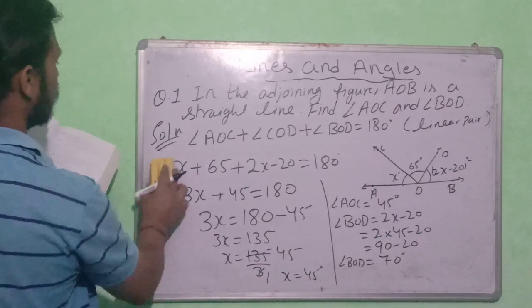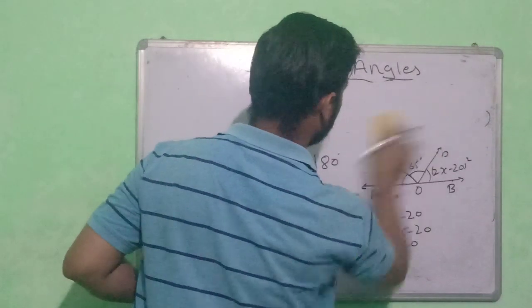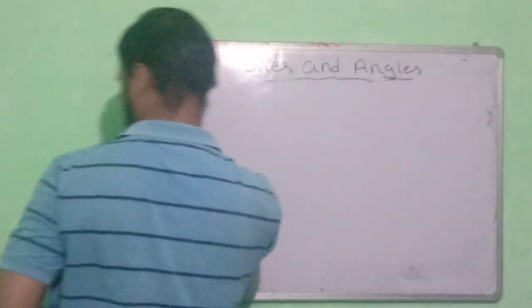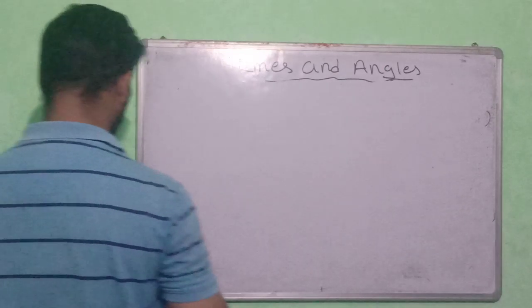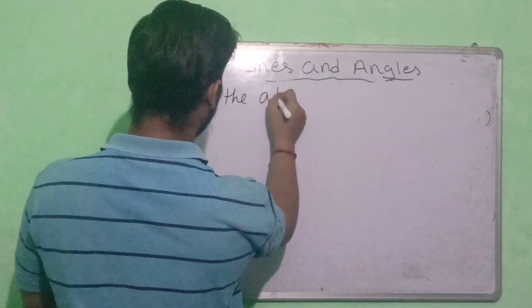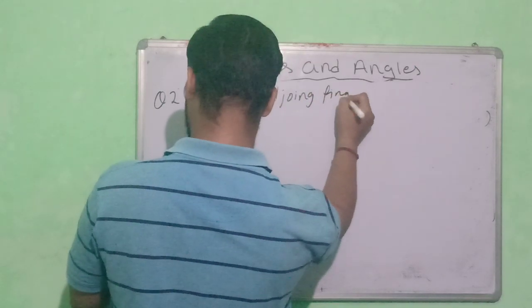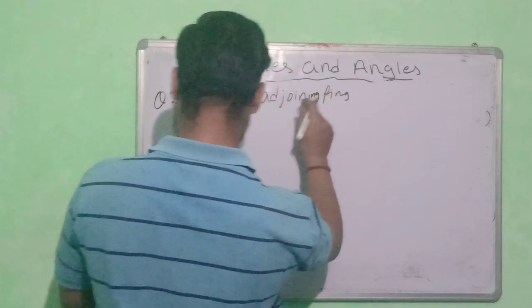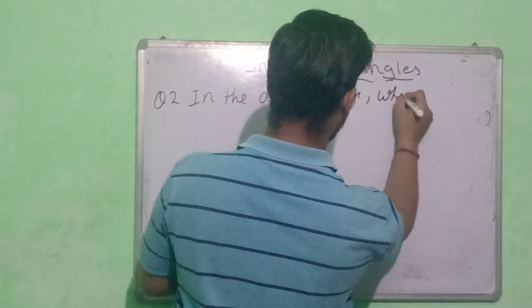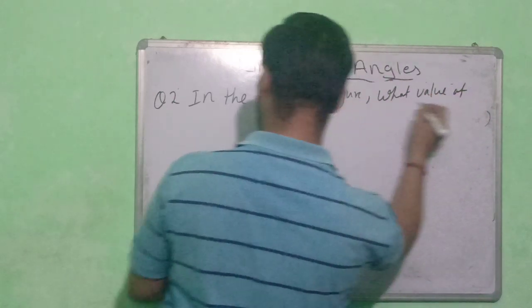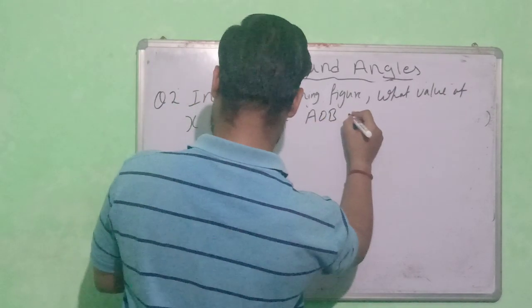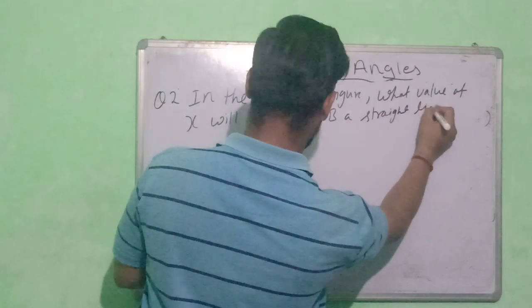You can note down. Again, in the adjoining figure, what value of x will make AOB a straight line?